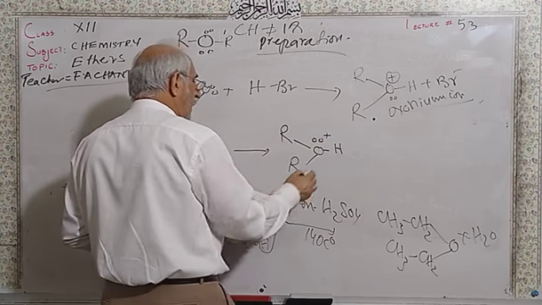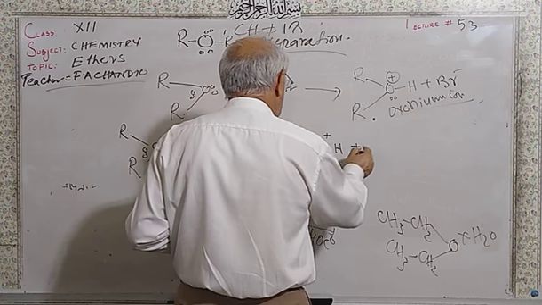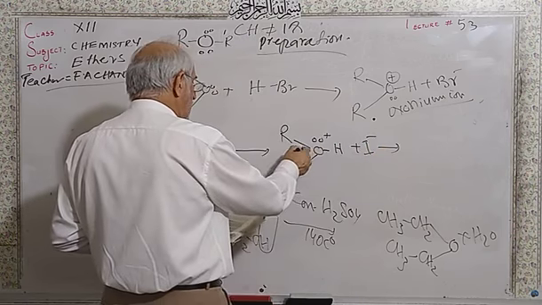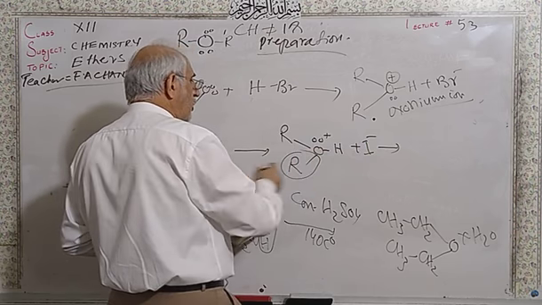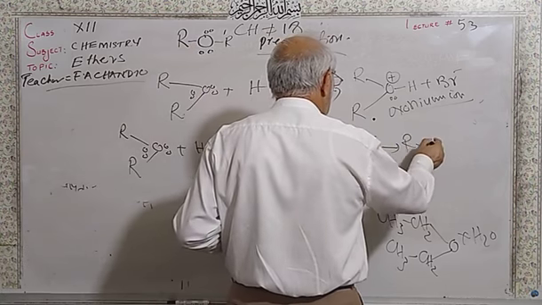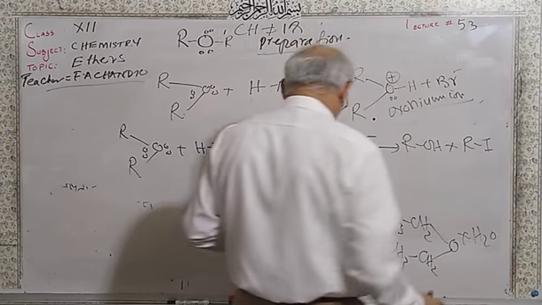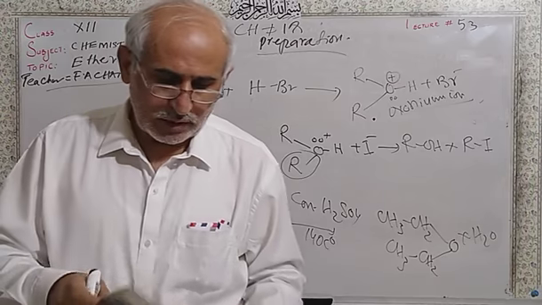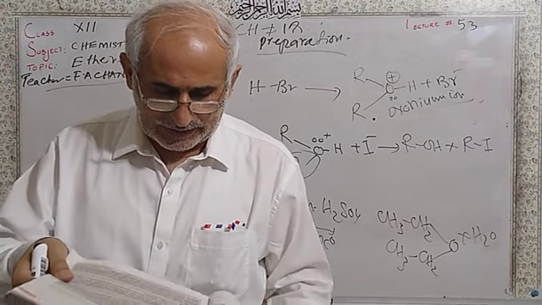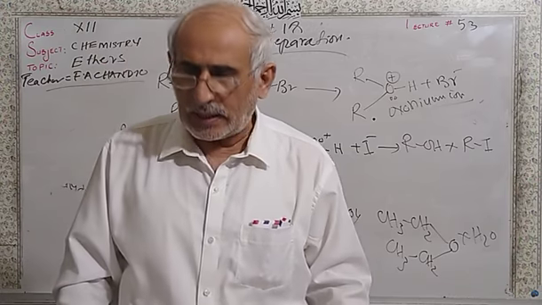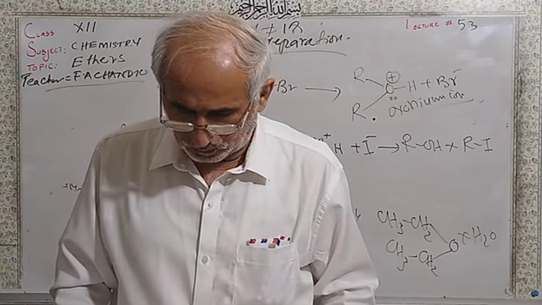This oxonium ion further reacts with the iodide. So one bond is going to be cleaved, broken down, and you will get alcohol plus alkyl iodide. So you can use diethyl ether and hydrogen iodide, then you will get ethyl alcohol and ethyl iodide.